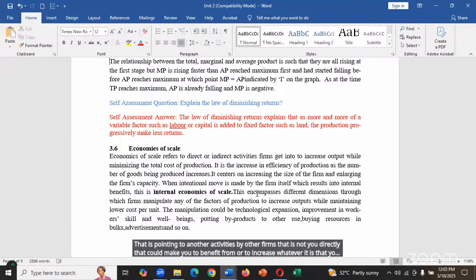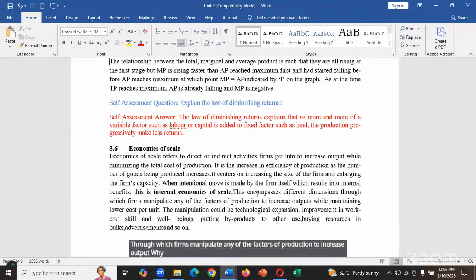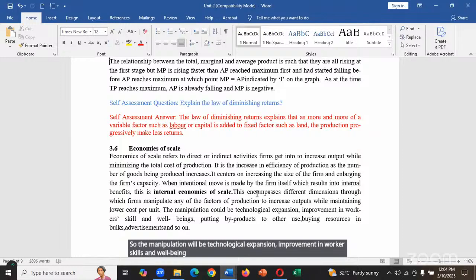All right, so this encompasses different dimensions through which firms manipulate any of the factors of production to increase output while maintaining lower cost. The manipulation could be technological expansion, improvement in worker skills and well-being, putting byproducts to other uses, buying resources in bulk, or advertising.